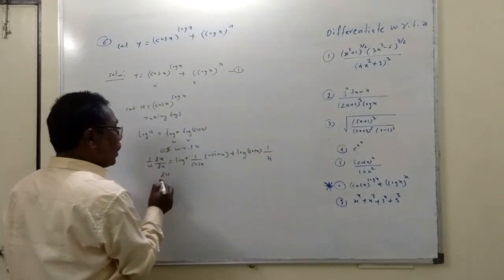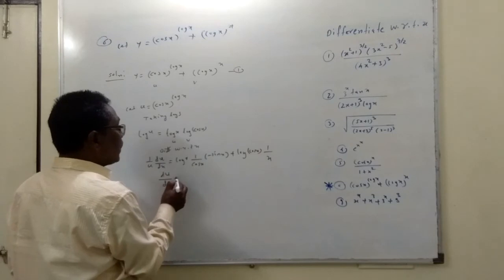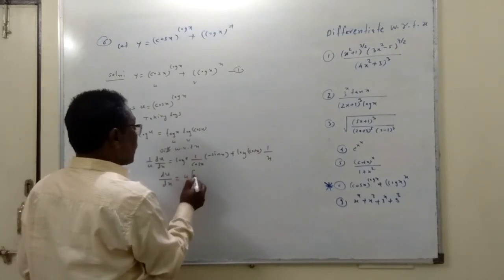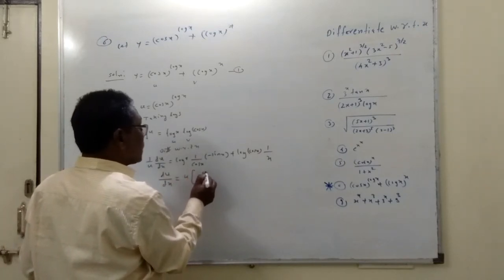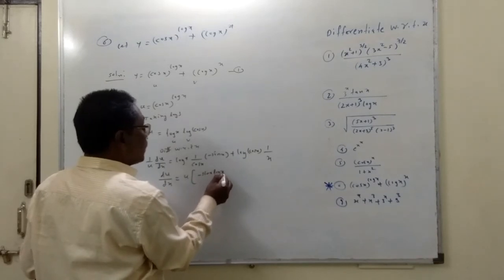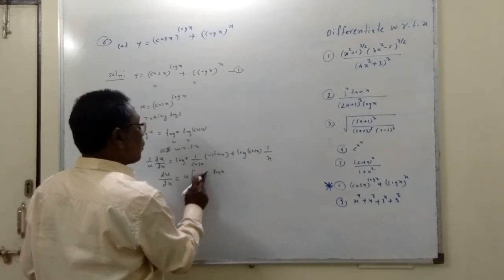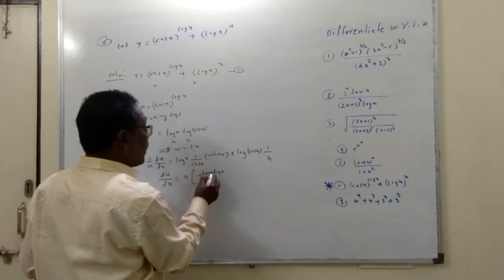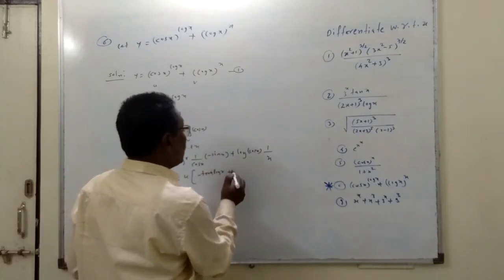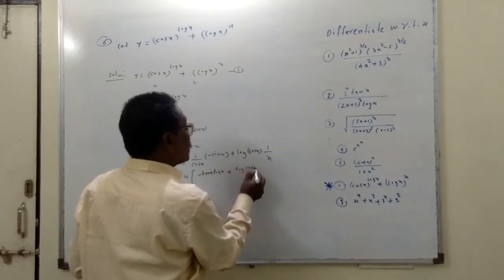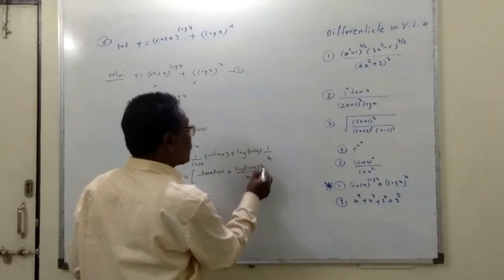So du by dx equals u into the bracket minus sin x log x upon cos x, and sin upon cos is tan, so minus tan x log x plus log of cos x divided by x.